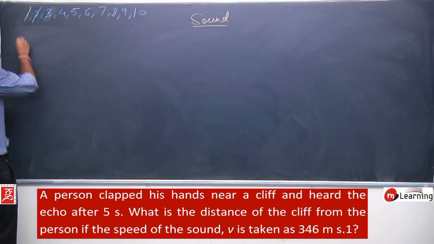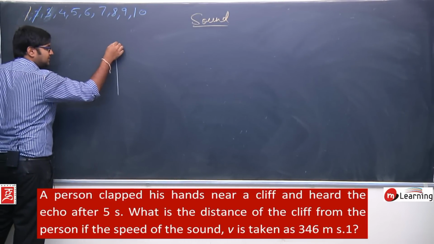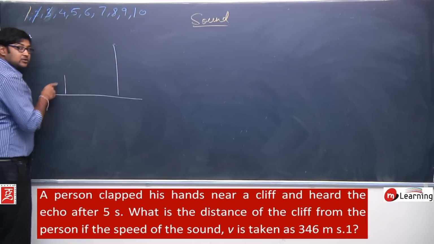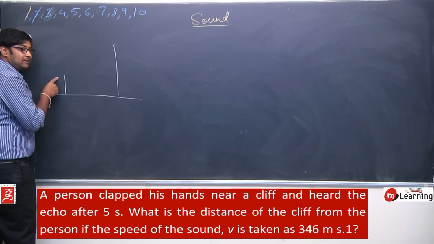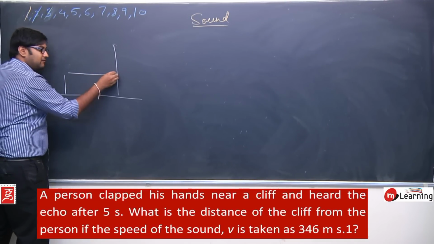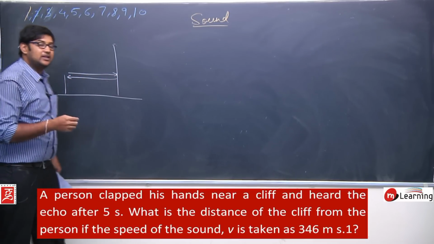See what will happen. The situation here would be, if this is the hill, let us say I am considering the hill as a vertical hill, and here is the person. When he clapped, the sound moves to the hill, gets reflected from the hill and comes back to the person, and the person can hear.